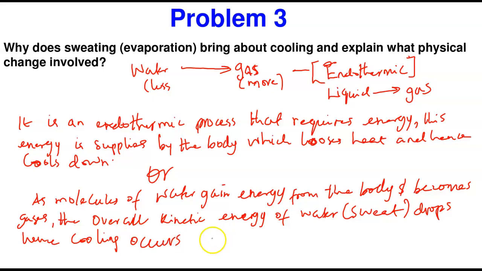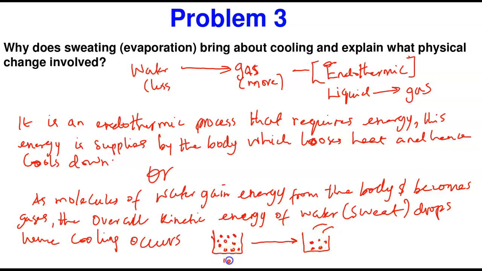A very good example: if you started with, let's say, 10 molecules of water, 1, 2, 3, 4, 5, 6, 7, 8, 9, 10. Then they gain energy and some of them escape as gases, and only 5 remain: 1, 2, 3, 4, 5.